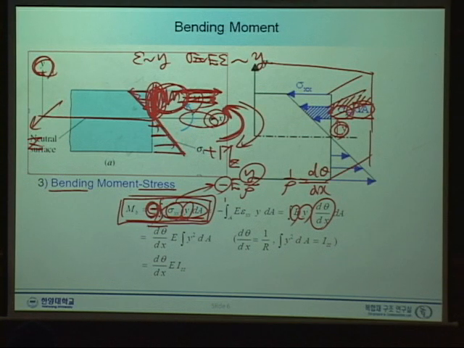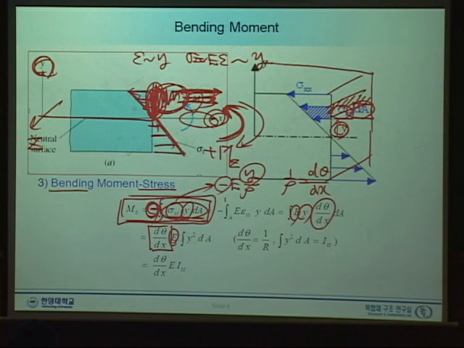And d theta dx is just the constant rate, and can be out of integration. And if the material property is also constant, it can be out of integrations.